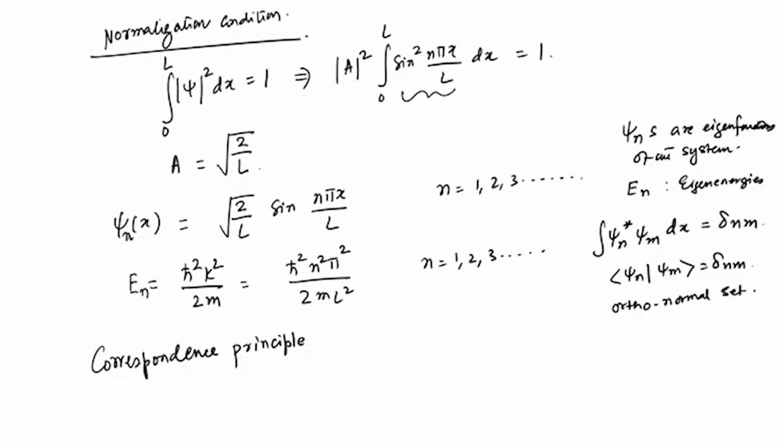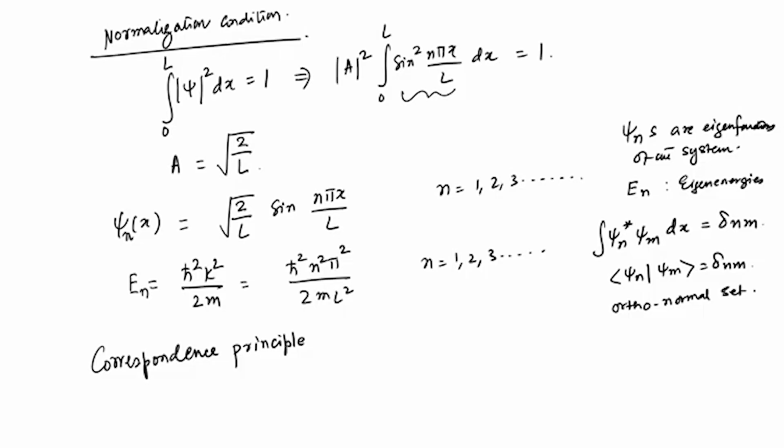There are two situations that can arise. But here, for each value of n, with n unbounded, any of these are actually the eigenstates of the system. And that's why this entire linear vector space that we are dealing with is called a Hilbert space.